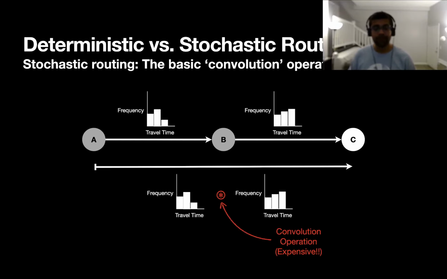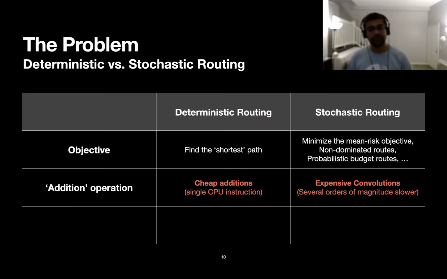However, when the edge weights are labeled with histograms, the total distance between A and C can only be given by the convolution of the histograms on the two edges. The expensive convolution operation that needs to be applied between histograms is the biggest challenge in stochastic routing, and it is the one that prevents it from being deployed much more ubiquitously, in spite of being a much more accurate model of reality.